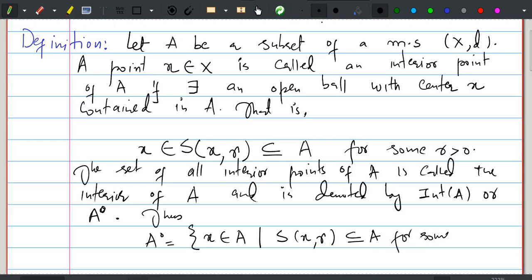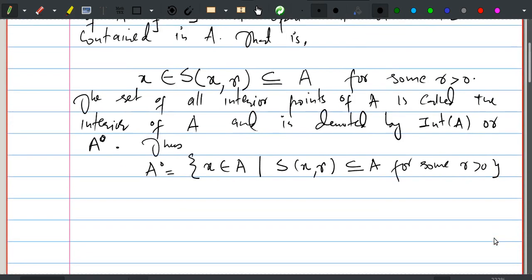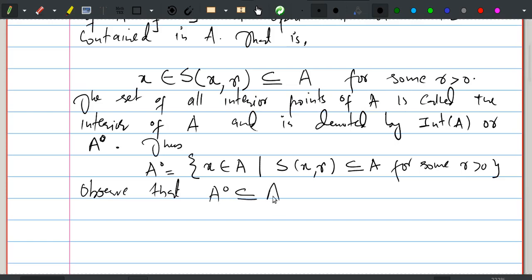Observe that A interior is a subset of A because it contains elements from A.